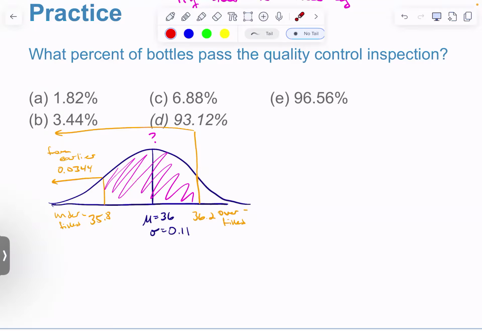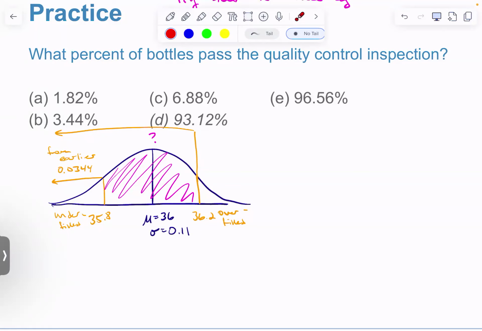What I want you to think about is what makes the most sense to your brain, and then just do that. There's no sense in memorizing my way if you just intuitively said, obviously, total area is 1, lob off those ones I don't want. That seems nice.